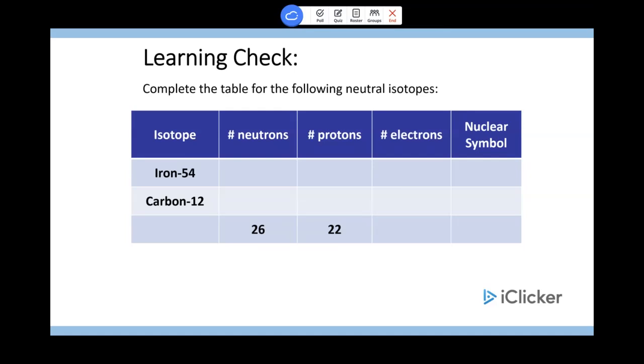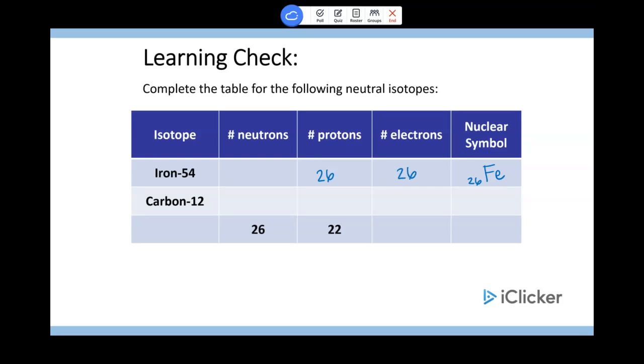So if we have iron 54, if we know it's iron, we can find Fe, which is iron, on the periodic table. The number that is on the periodic table for iron is 26 as its atomic number. So 26 is the number of protons. All of these are, we're assuming, neutral, so the number of protons equals the number of electrons.